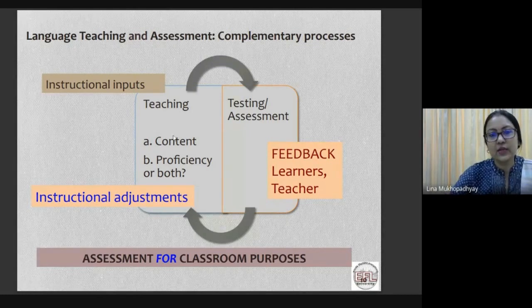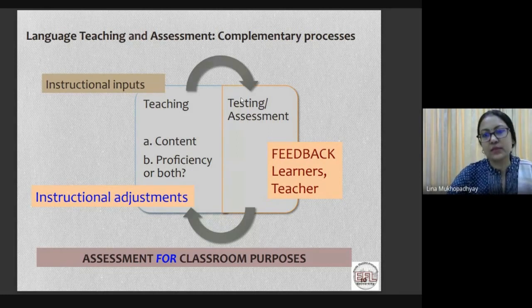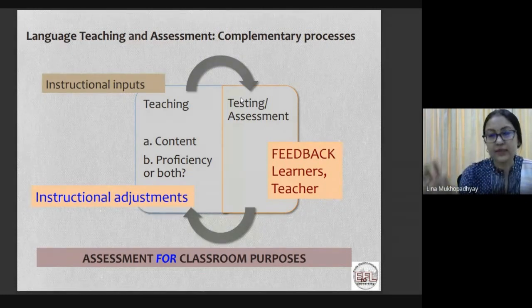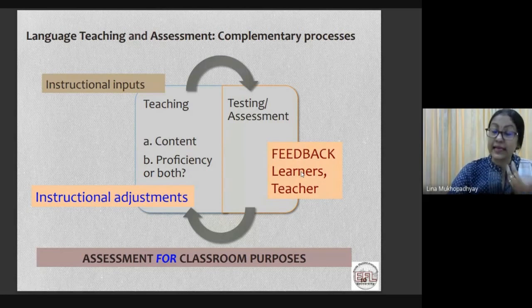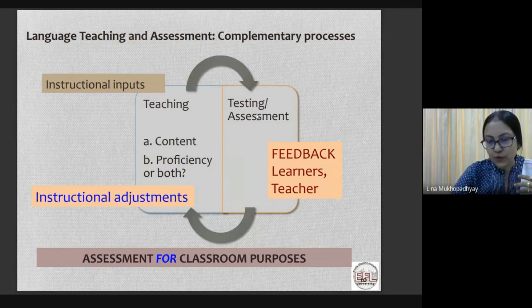So we have the teaching of content and proficiency, or both. That means we have instructional inputs on the basis of which teachers can have cycles of achievement testing and assessment. And then there is scope for teachers to give feedback to the learners, as well as get feedback from the learners, through their performance evidence. Right? So the teaching moves on to assessment, then there is feedback, and then the teacher can make instructional adjustments, and then again there is instructional input.